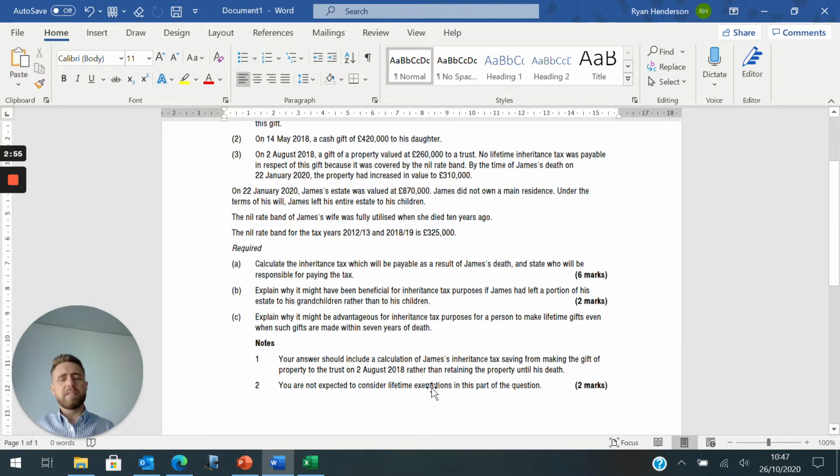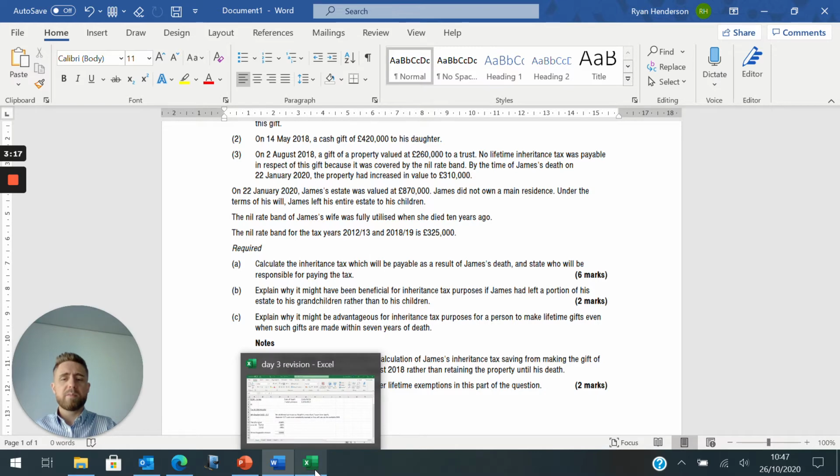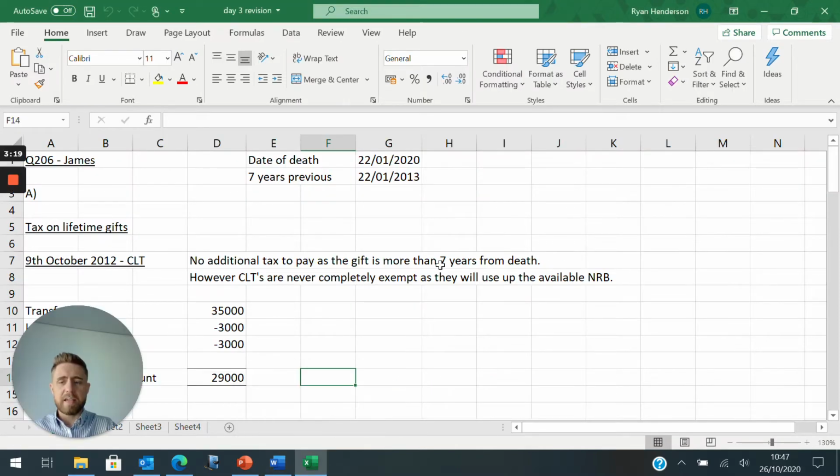So, as I've said to you before in the previous videos about taxation, inheritance tax has tricky areas and it is literally a case of learning the rules and learning the steps that you have to follow in this question to get the right answer. And inheritance tax is all about dates. It is very, very specific, very, very important when you are looking at your dates here.